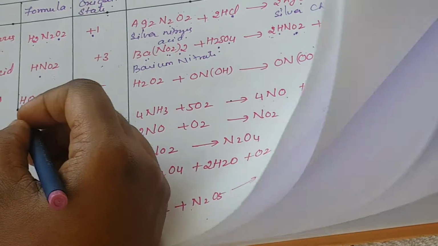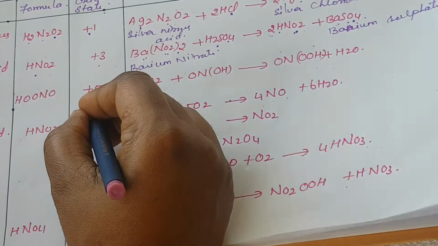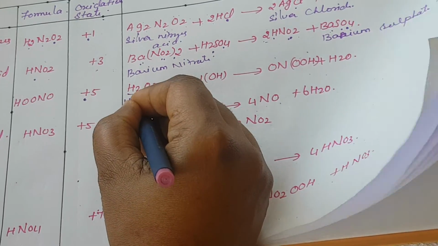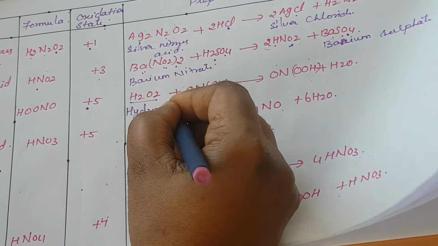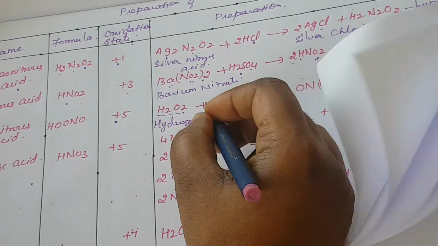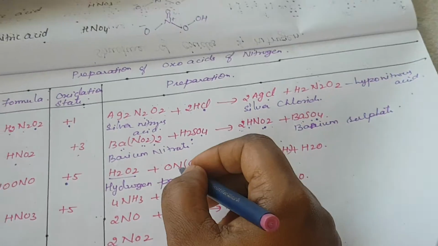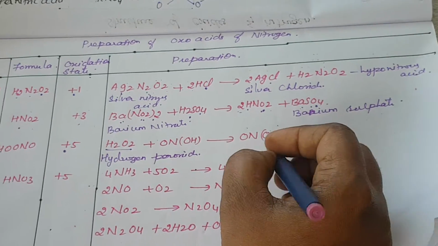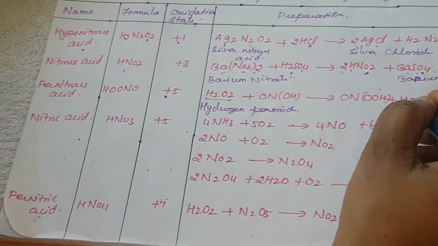Then again, pernitrous acid. Oxidation state is +5. What is the compound name? Hydrogen peroxide. Nitrogen hydroxide with hydrogen peroxide gives pernitrous acid plus H2O.